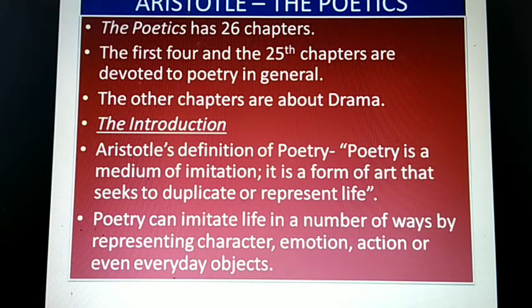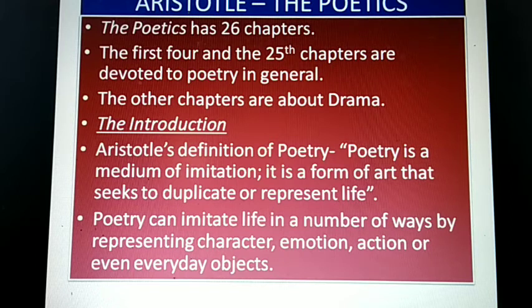Poetry can imitate life in a number of ways by representing character, emotion, action, or even everyday objects. Poetry, as Aristotle defines it, includes epic poetry, tragedy, comedy, dithyrambic poetry, and music, say the flute, the lyre, etc. What differentiates these kinds of poetry is the nature of their imitation.